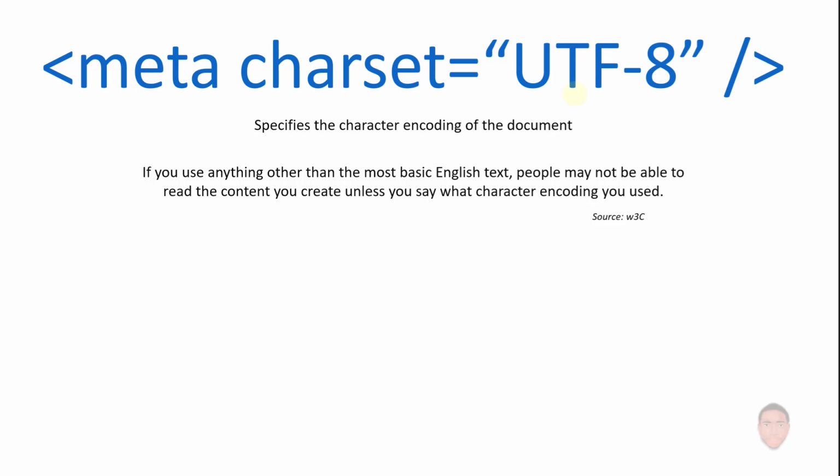When you're designing your content and you use special characters, like in some languages that have an accent on the A, like French, or some local languages, you need to specify the character set of that page so that you can accommodate those characters that are not found in basic English text.